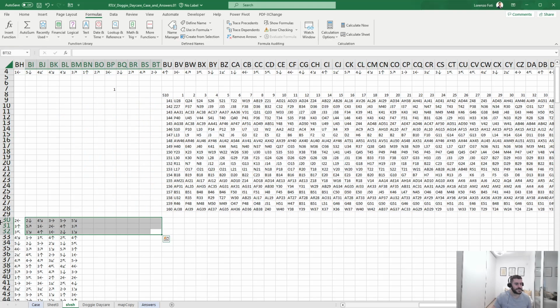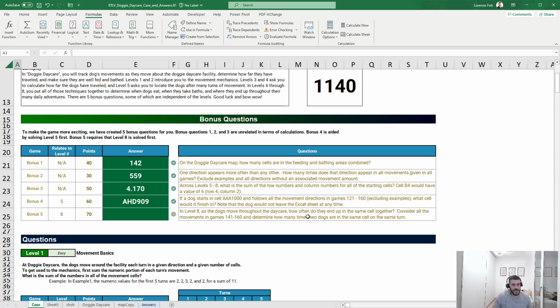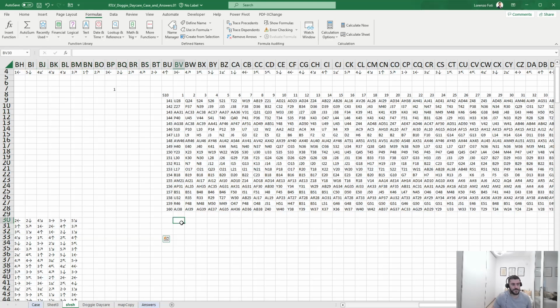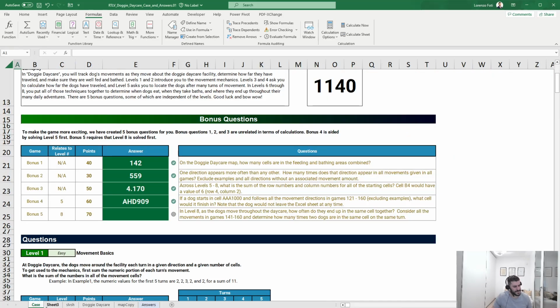Okay, so the request is to determine how many times two dogs are in the same cell on the same turn. So basically, oh, that's not easy. Do they end up in the same cell together? Consider the movements in games 141 to 160. Determine how many times two dogs are in the same cell on the same turn.